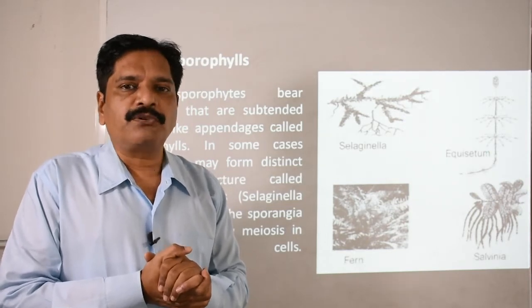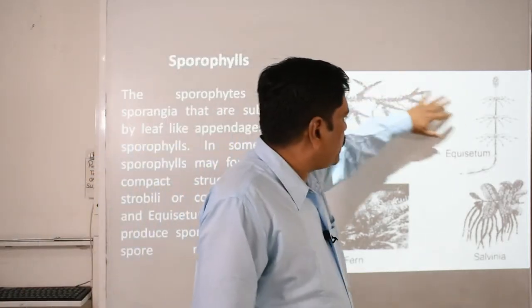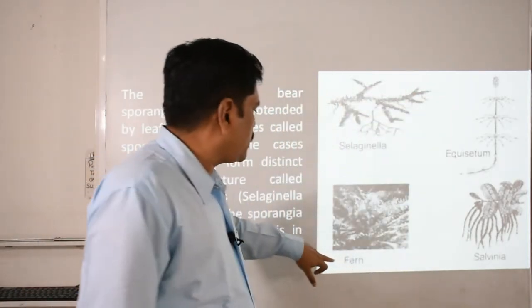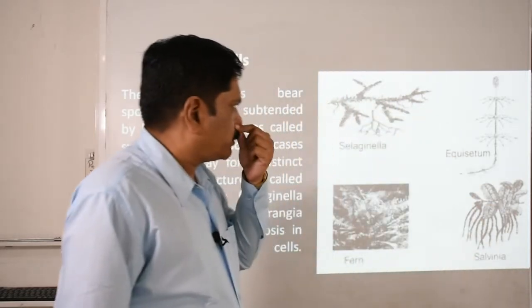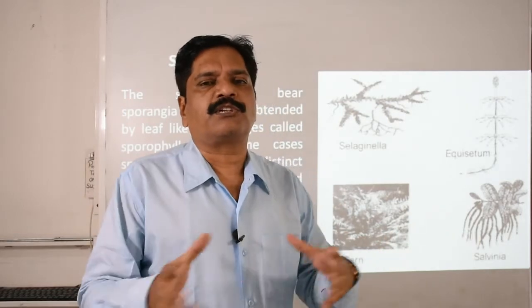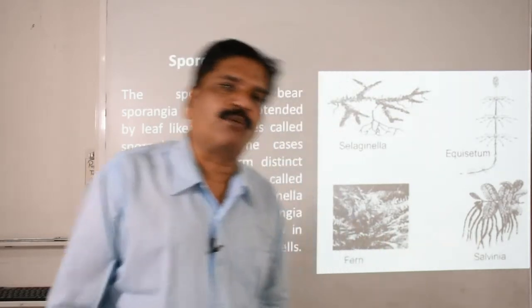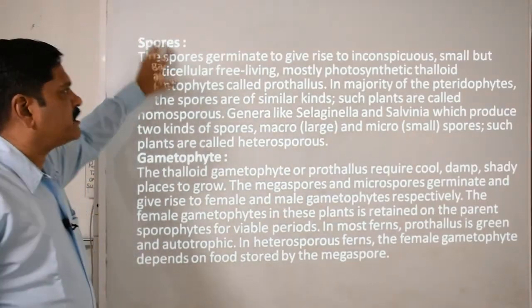That is meiosis, which is responsible for producing haploid cells. Clear? So Selaginella, Equisetum, Salvinia and the ferns are generally called sporophylls, a phyllis structure, that means a flattened structure, responsible for the production of spores.